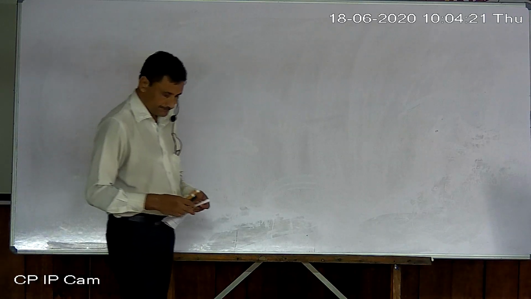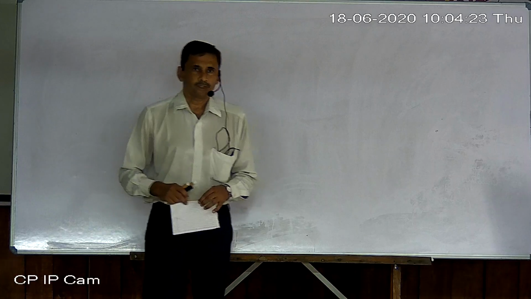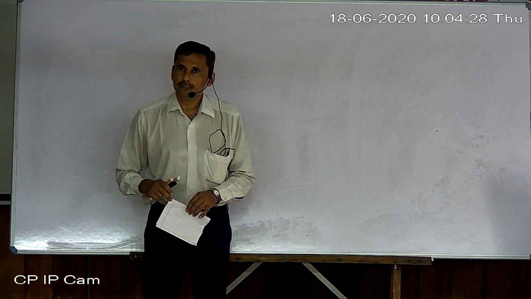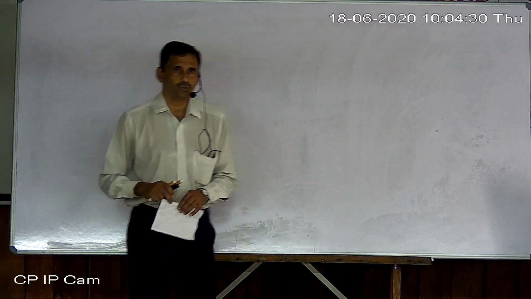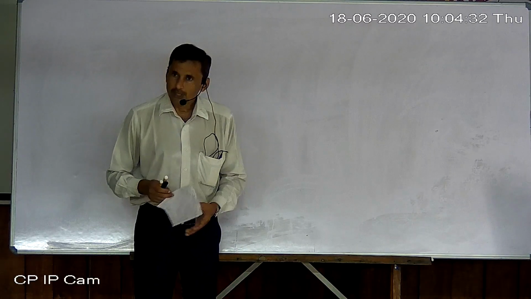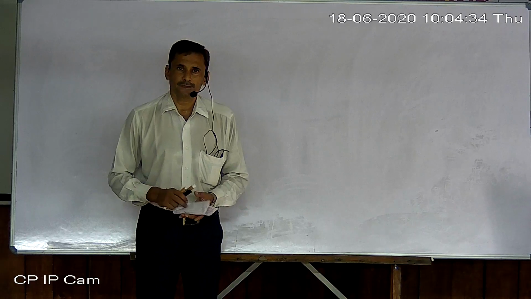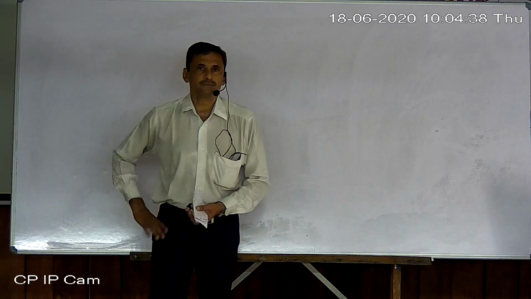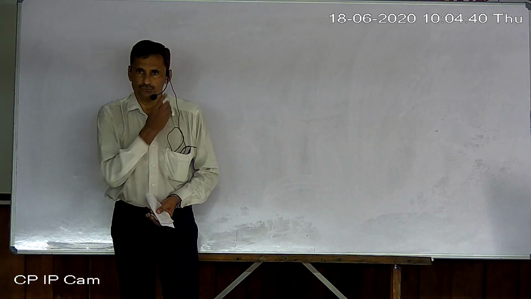As you know, in lesson number 2, we already solved the sums and went through the topic of finding zeros of mostly quadratic polynomials and a few sums of cubic polynomials also.